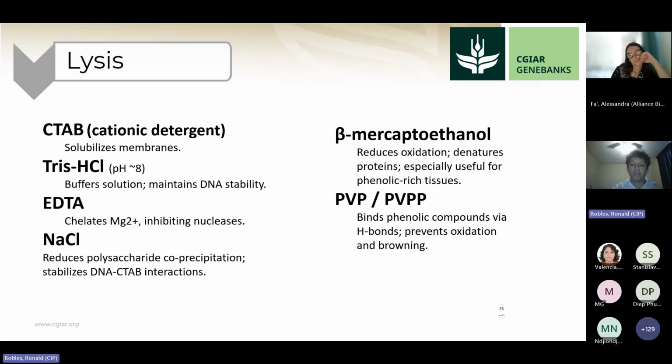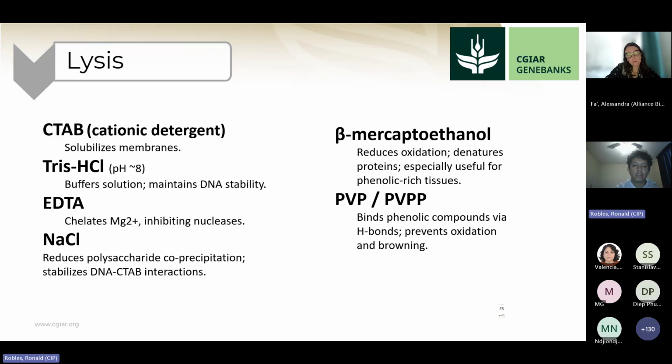And the other is the PVP. This is the polyvinylpyrrolidone. This is a large compound, a molecule of bigger size, that acts by attaching, binding and sequestering compounds like polyphenols and polysaccharides to avoid their interaction with our DNA.